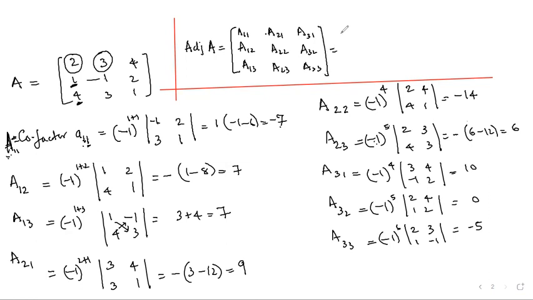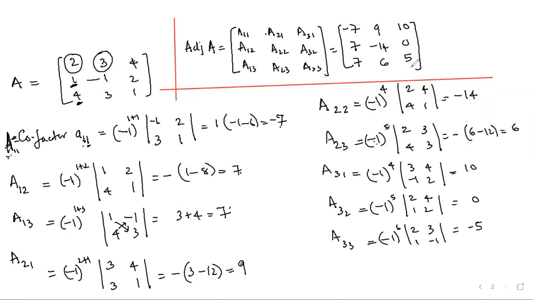So your adjoint matrix is minus 7. You have calculated this as 7, but you must write it over here. This over here. Then 9 over here. Then minus 14, 6. Then 10, 0, 5.